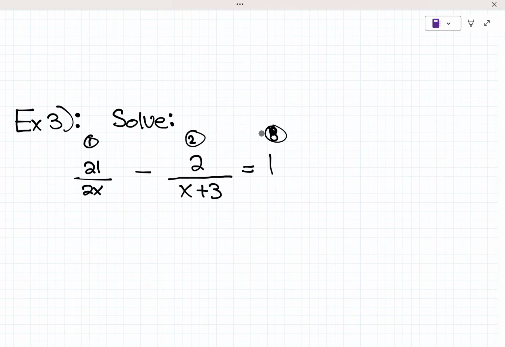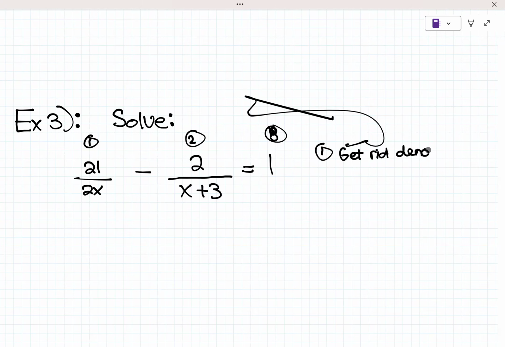So the first thing I would do is get rid of the denominators by multiplying all three sides by the LCD, the least common denominator, right?